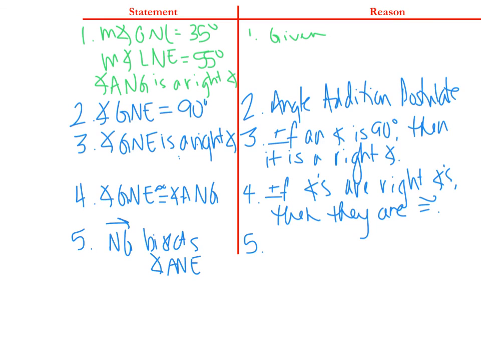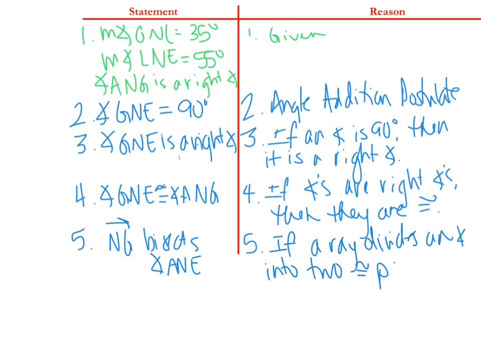And that would be one of the last ones that was listed. So if a ray divides an angle into two congruent parts, then the ray bisects the angle.